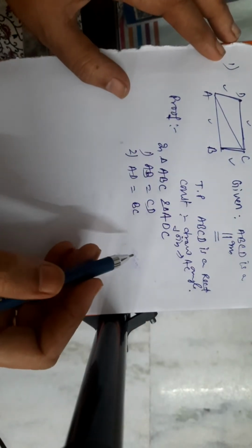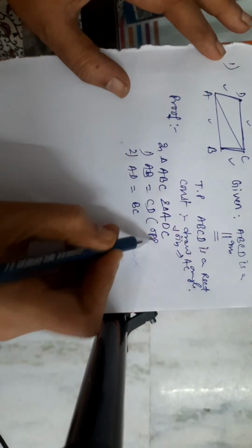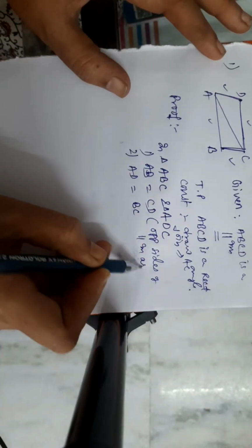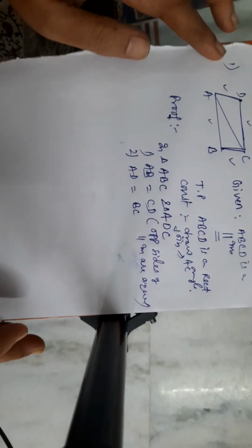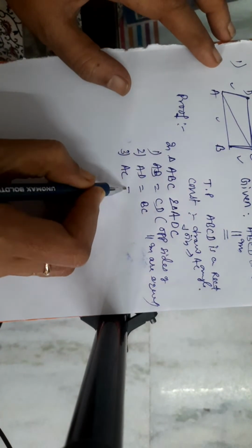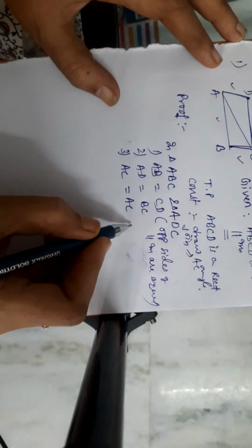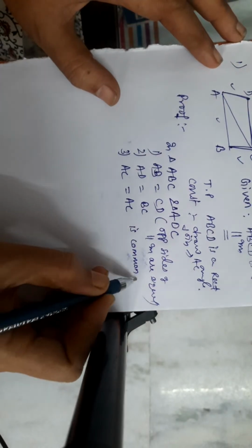These are opposite sides of a parallelogram, so you need to write the condition: opposite sides of a parallelogram are equal. Now the third point, AC is equal to AC, that is, AC is common to both the triangles.